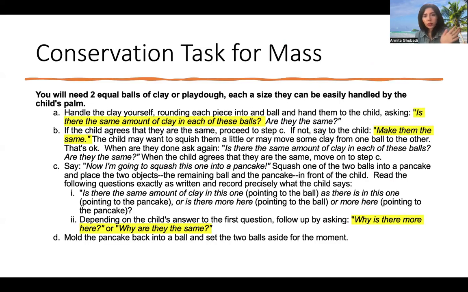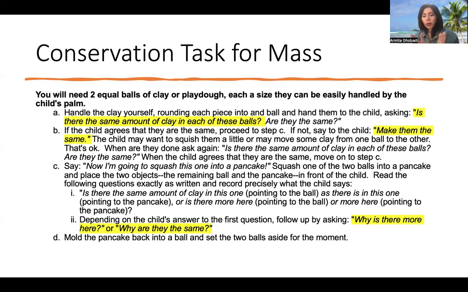For example, for conservation of mass, you literally need two equal balls of clay or Play-Doh. Play-Doh is very easy, so go for that. You want to follow the exact same steps. In the beginning, you're going to show the kids and ask them some clarifying questions to make sure the kid is understanding you correctly.